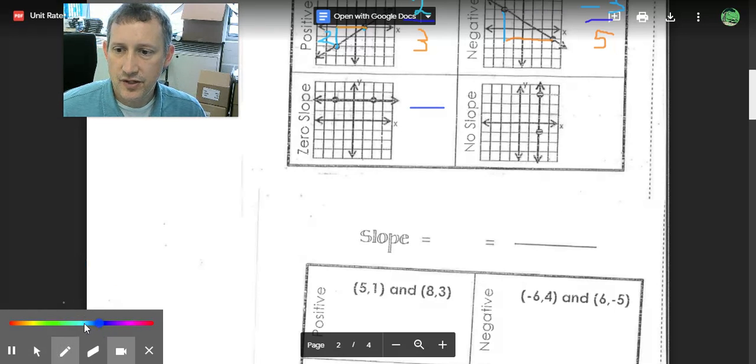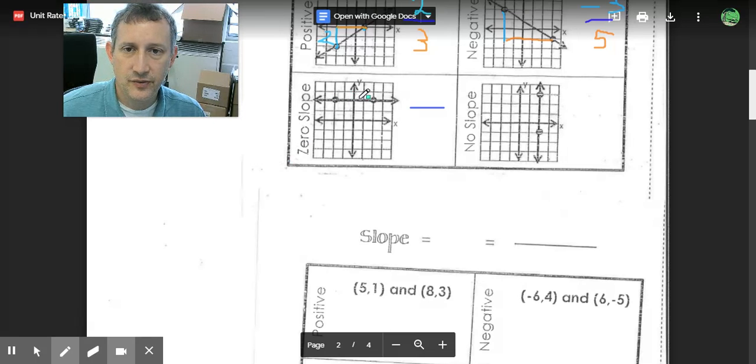Okay, so going back and forth, we can see that it's going back and forth, but how much is it going up and down? The number on the top is up and down. It's not going up or down. So the distance up and down to go from where this point is to that point is 0. You're not going up or down. It's at the same height.